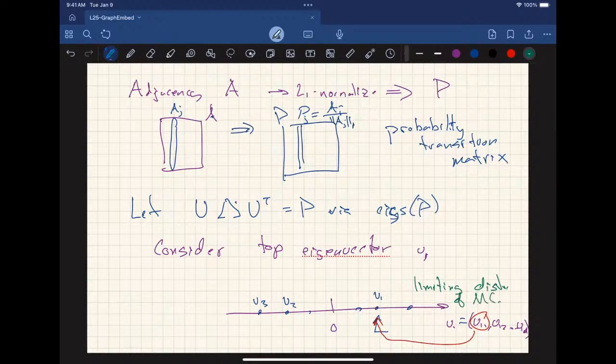So if I model the graph as a Markov chain, and let's assume the graph is connected, and I treat it as undirected, because if it's connected, then I can get everywhere, and unless it's cyclic, then it's going to be kind of ergodic, which means that I can think of this as a Markov chain, and this will give me the limiting distribution.